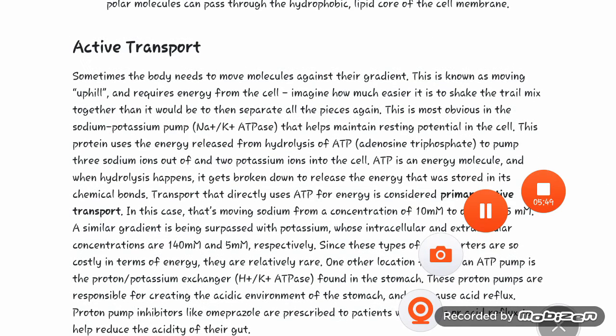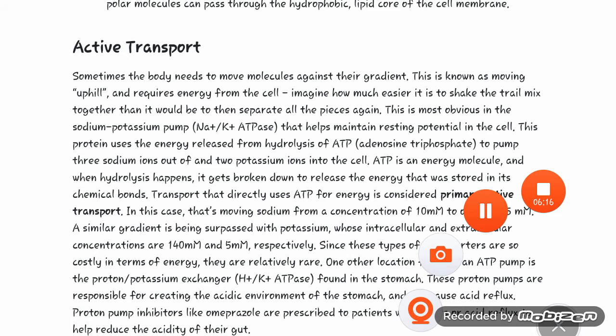Next is active transport. Sometimes the body needs to move molecules against their gradient. This is known as moving uphill and requires energy from the cell. Imagine how much energy it would take to shake the trail mix together and then separate all the pieces again. This is most obvious in the sodium potassium pump that helps maintain resting potential in the cell.